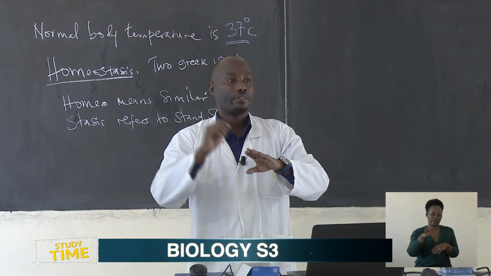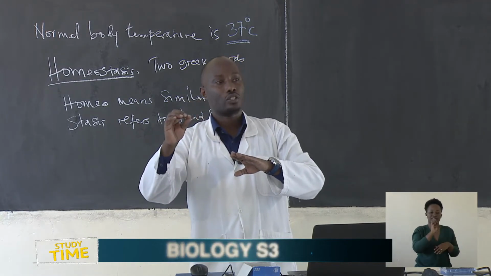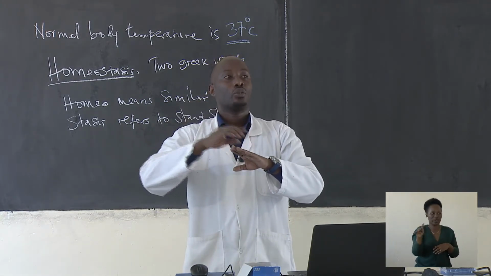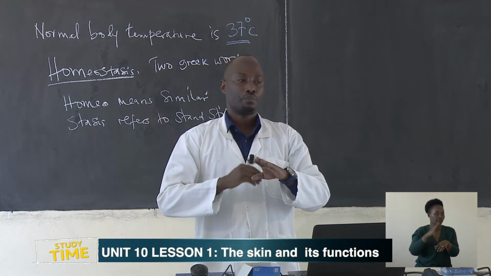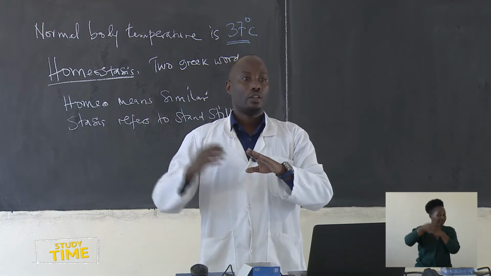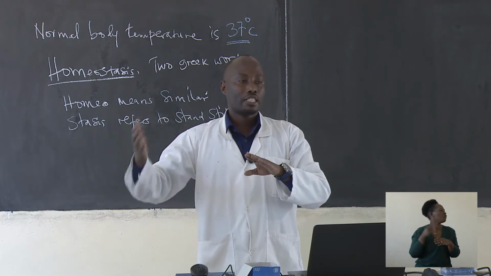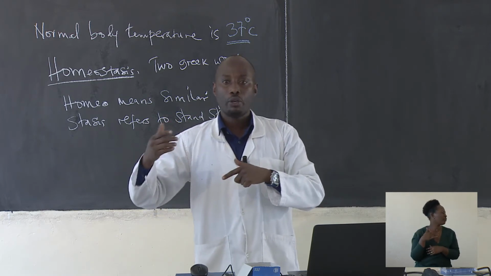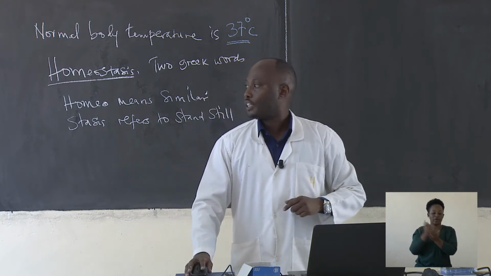There are sensory nerves and sensory organs which transmit the nerve impulses from the receptor organ to the brain, and the brain is able to interpret what is happening. Someone touches your skin, you feel it, because there are sensory nerve endings.